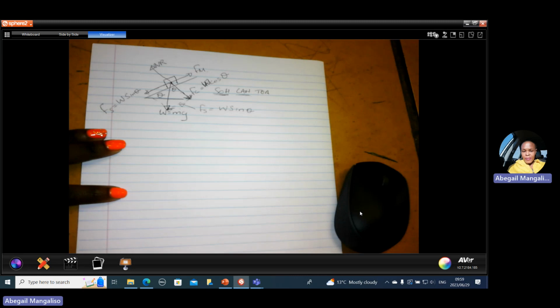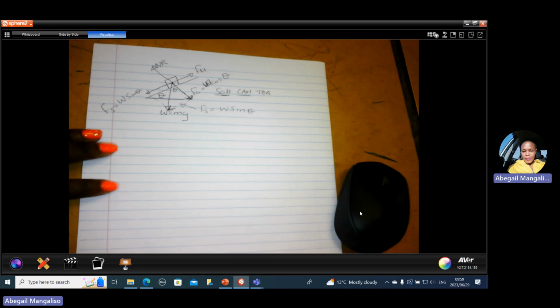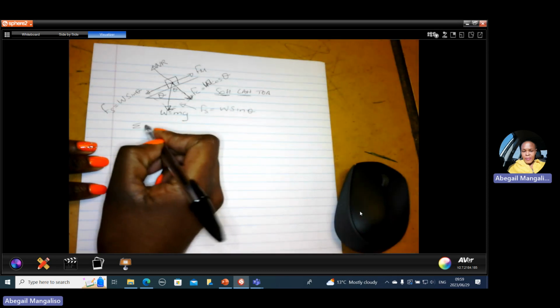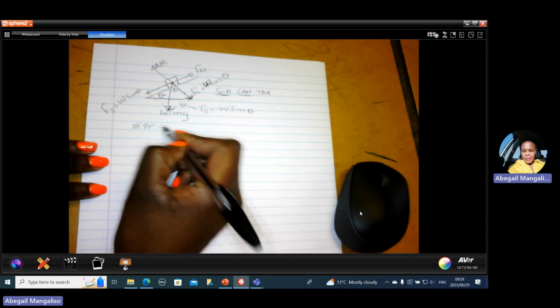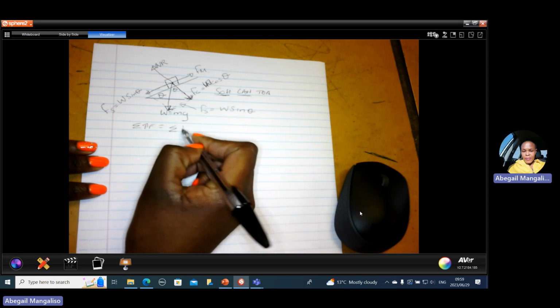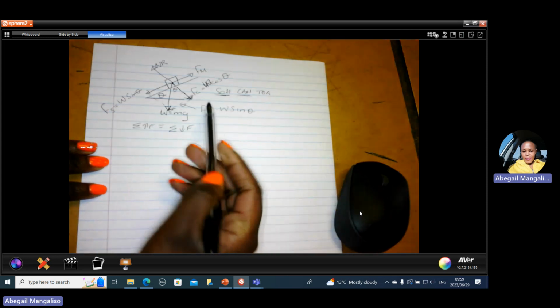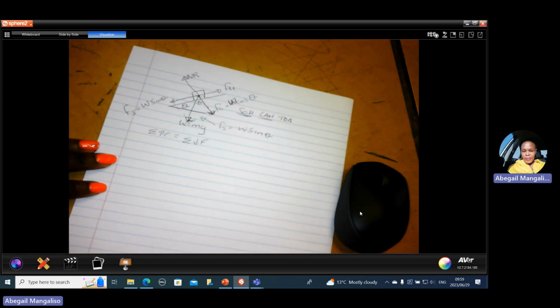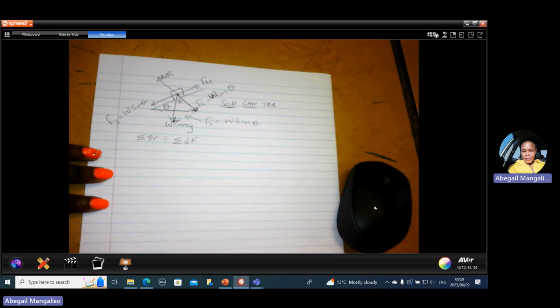Now we can apply the equilibrium conditions: the forces that are upward are equal to the forces that are downward. You can tilt this diagram so that you can see what is upward and what is downward.